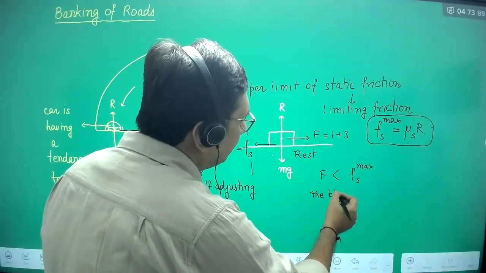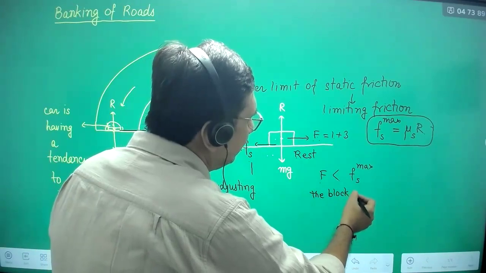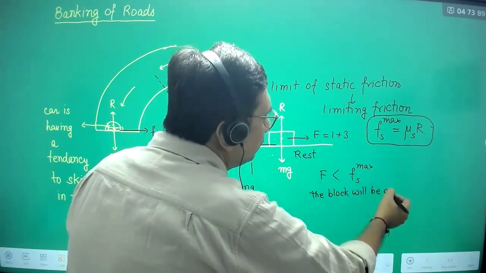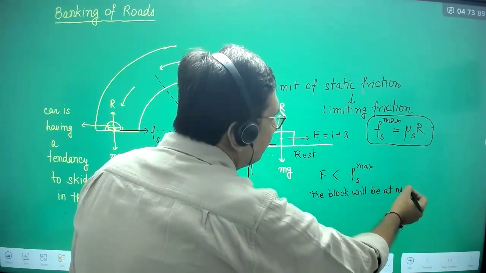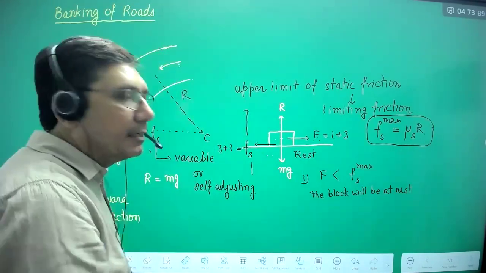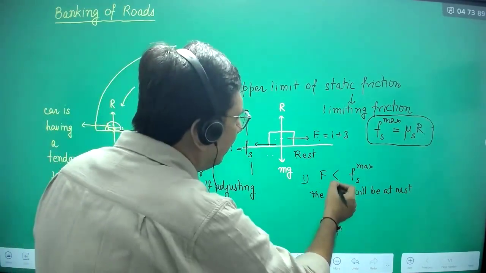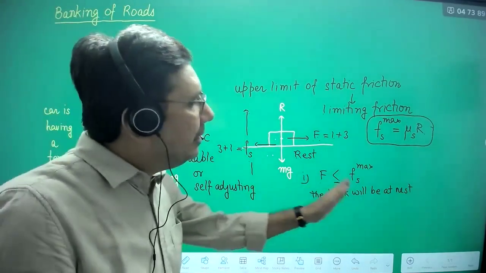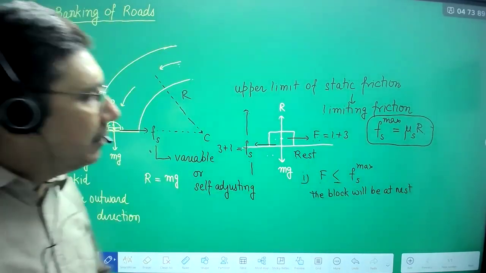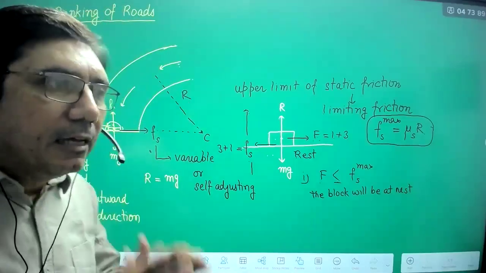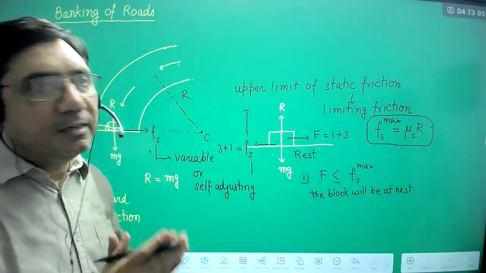Even if F is less than or exactly equal to Fs max, the block will be at rest. When F becomes equal to Fs max, the block is ready to move, but it is not moving.